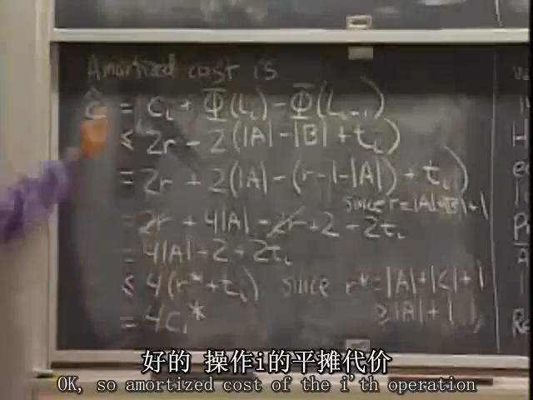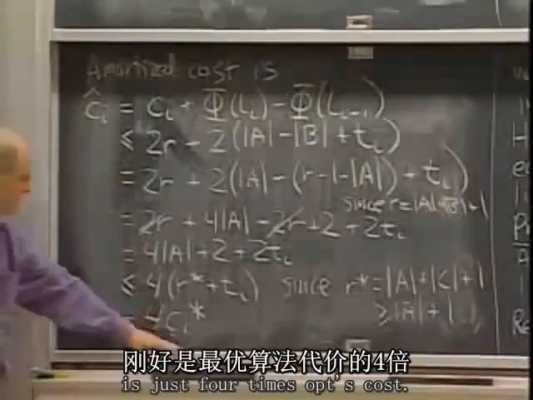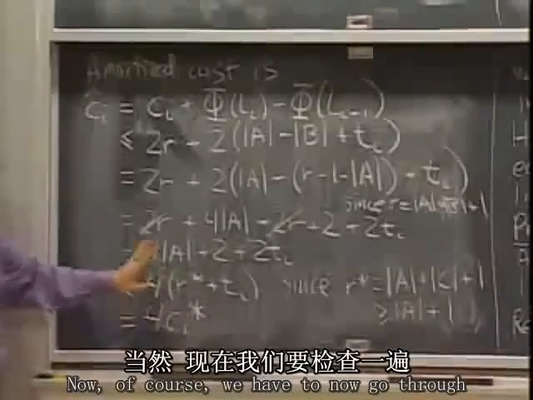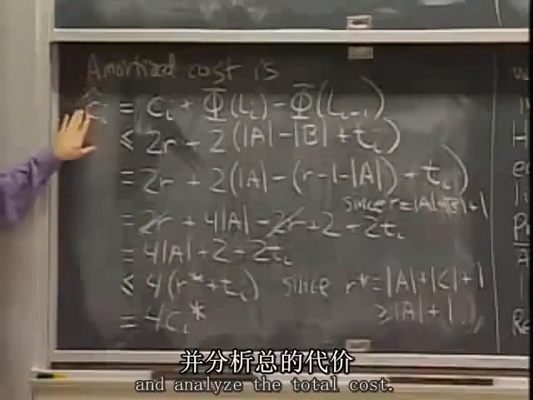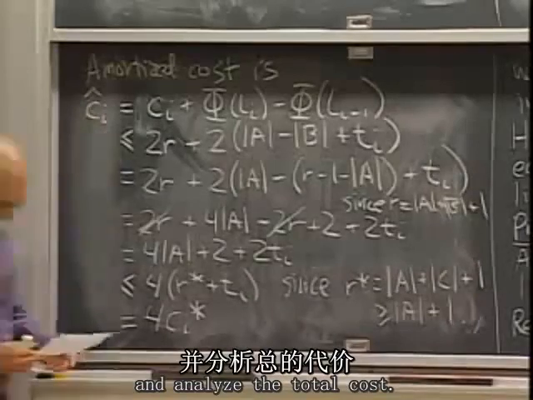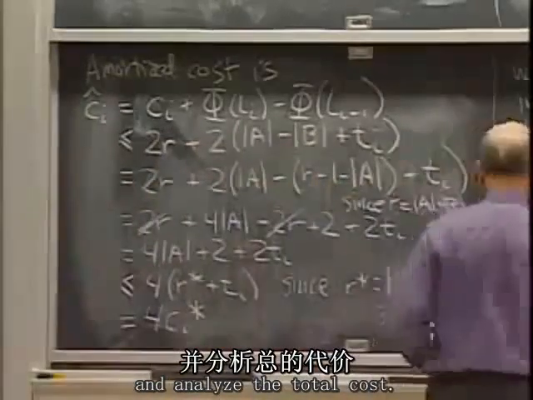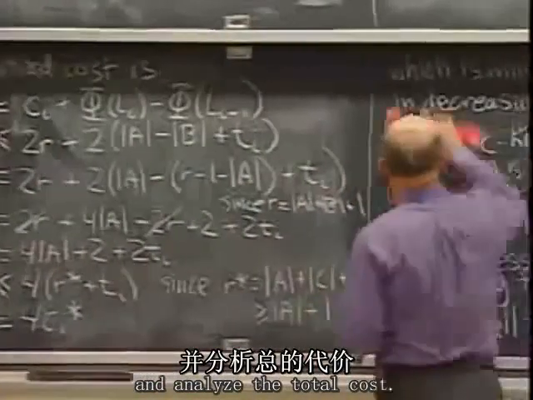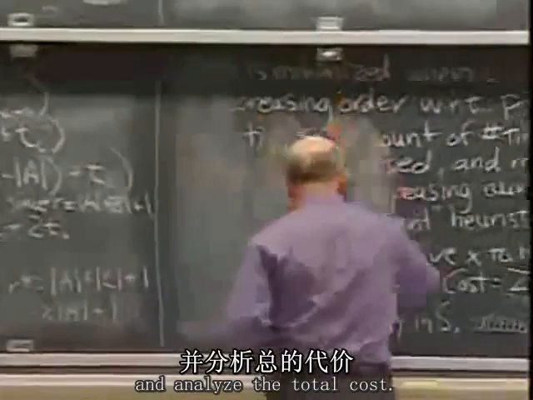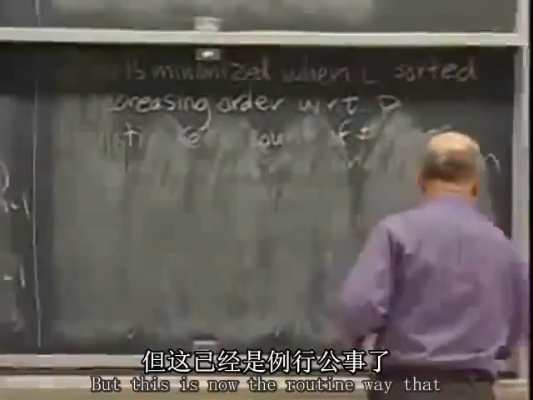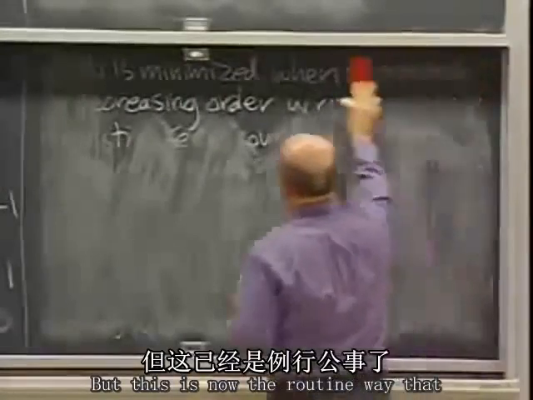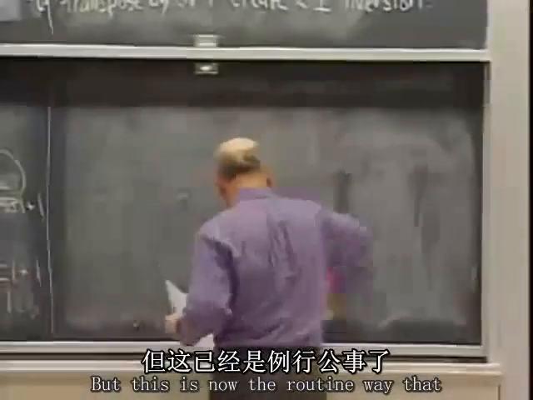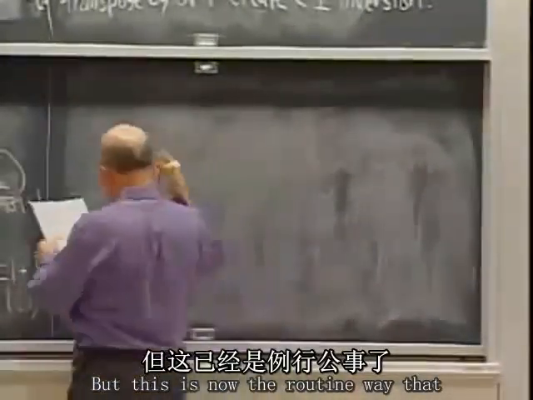So the amortized cost of the ith operation is just 4 times ops cost. Now, of course, we have to go through and analyze the total cost. But this is now the routine way that we analyze things with potential functions.